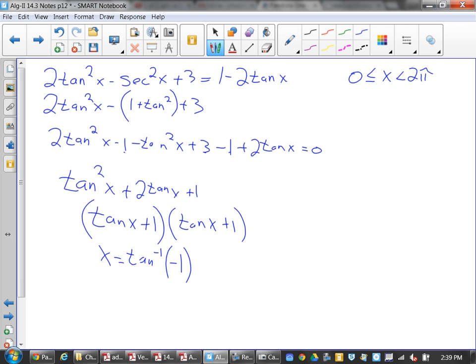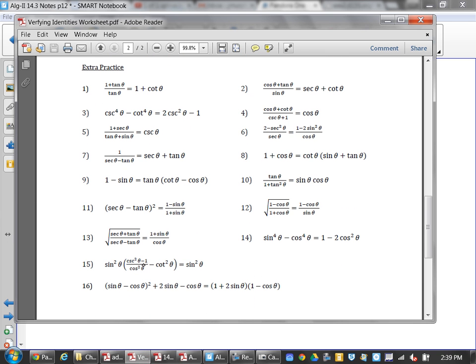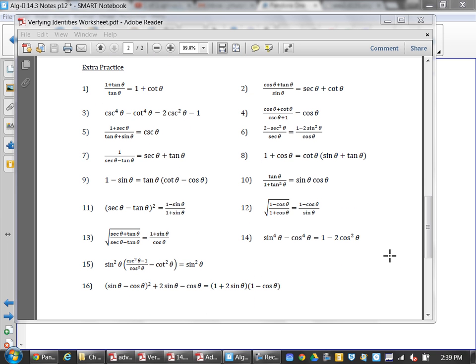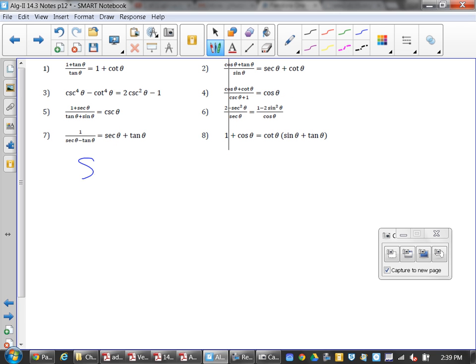This is application. What I want you guys to work on tonight is on the back side of what you just did. These are some more of the verifies. I want you to do the first 8 on the back side here of verify, as well as in section 14.4, page 859, numbers 27, 29, and 30, and then 37.